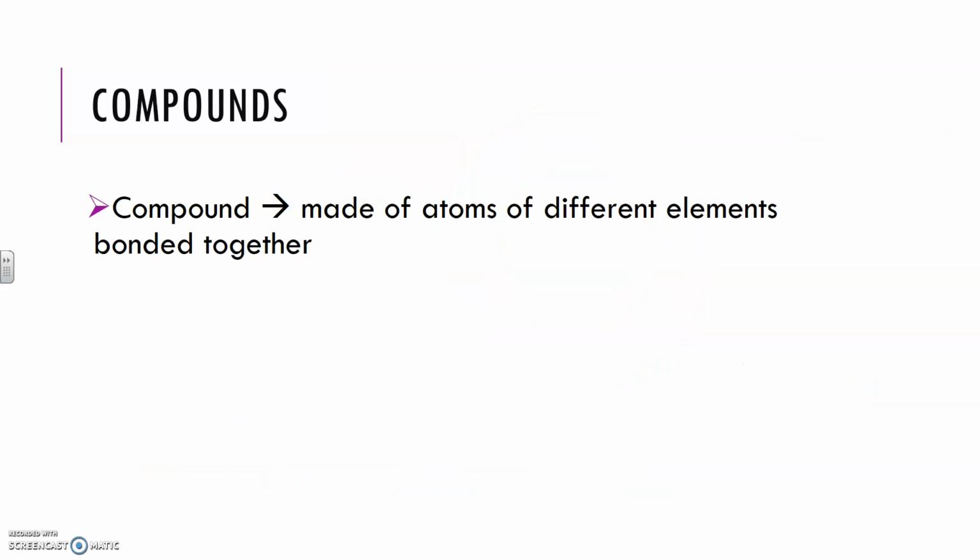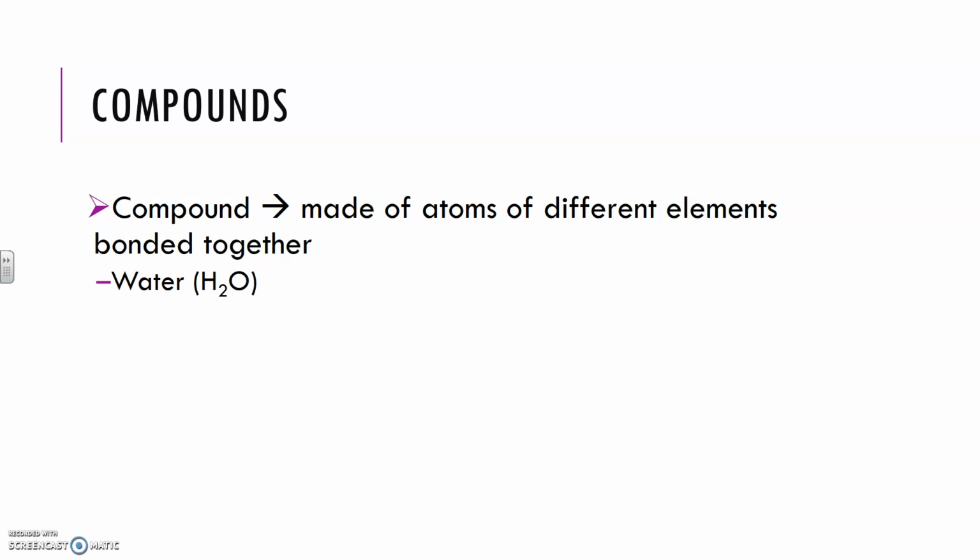Alright, and then some more definitions. A compound is made of atoms of different elements chemically bonded together. You can have multiple atoms of the same element bonded together, but they are still just called elements, as long as it's a single type of element. You start adding in more types of elements and bind them together, and that's when you get compounds.